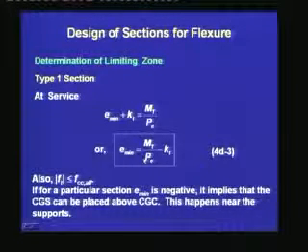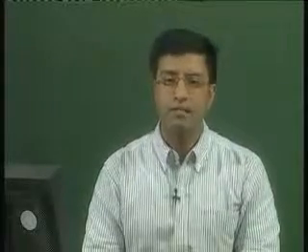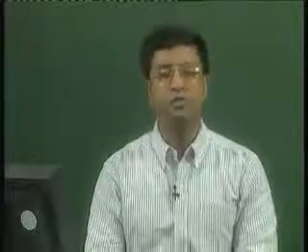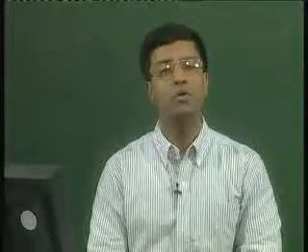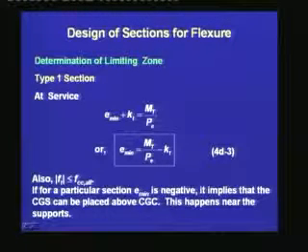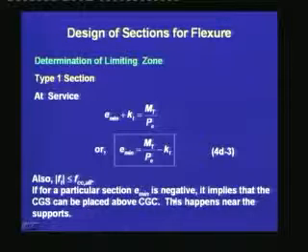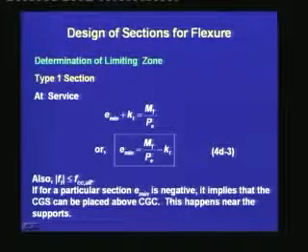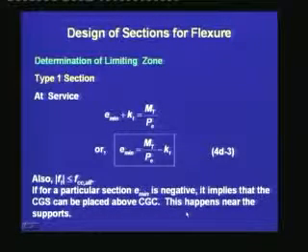Here also we find an explicit expression of the minimum eccentricity of the CGS based on 0 tensile stress at the bottom during service. We of course need to make sure that the compressive stress at the top, Ft, should be less than the allowable compressive stress at service. If for a particular section E min is negative, it implies that the CGS can be placed above CGC. This happens near the supports.